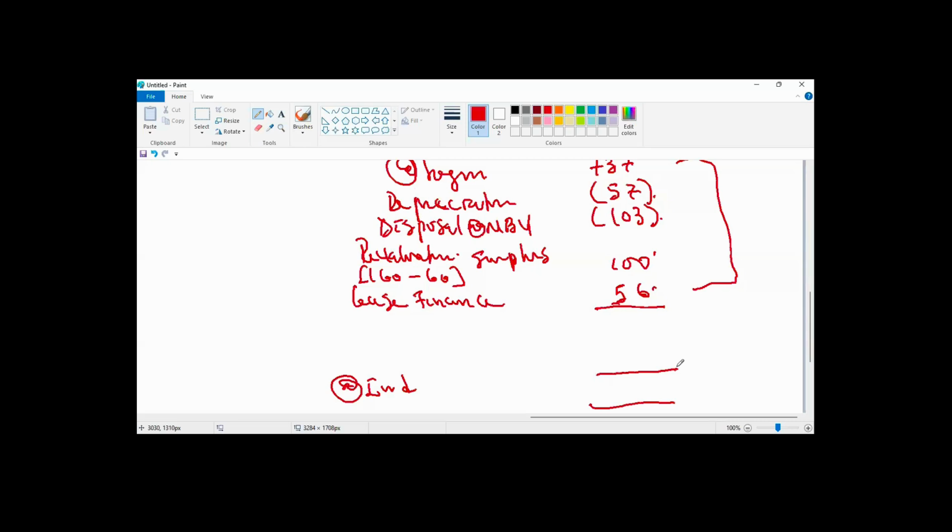Is the lease finance not supposed to be deducted? No, it's an acquisition. It's an addition. What is the PPE at the end? 925.